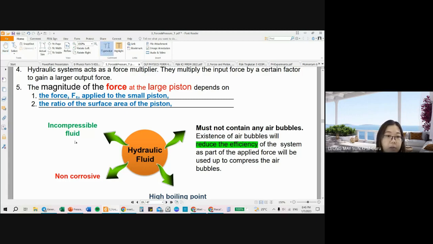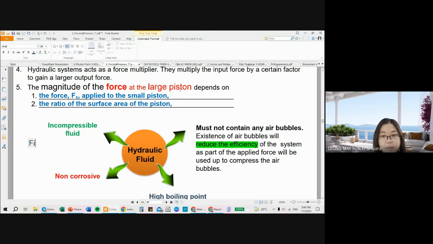Incompressible means it's more towards the molecular structure of the liquid. If the spacing between the molecules is quite far apart, when you press, the force and the pressure is actually used to compress them even further. So for an incompressible fluid, the explanation is so that the applied force will not be used.